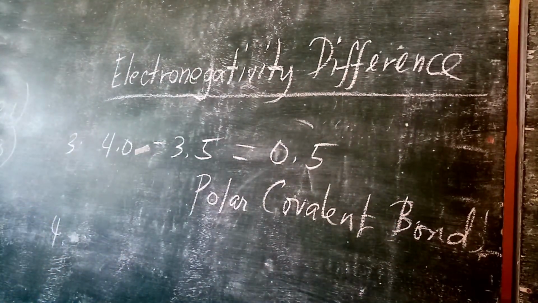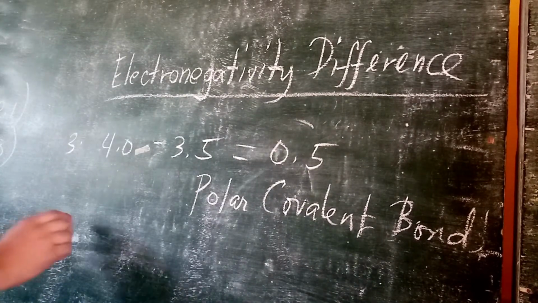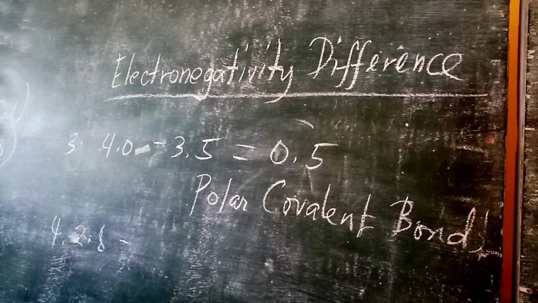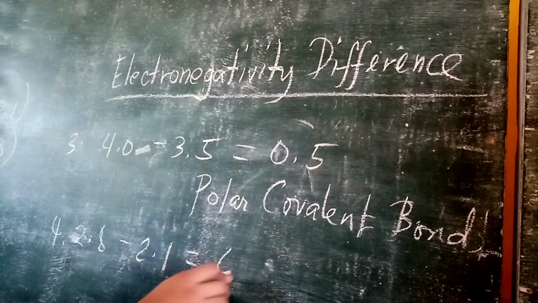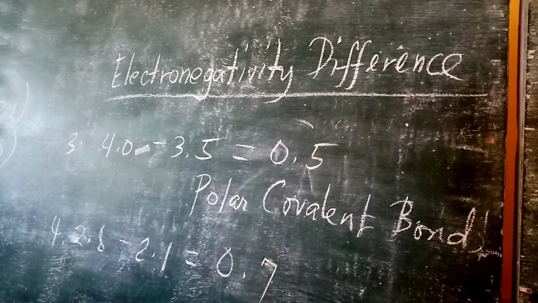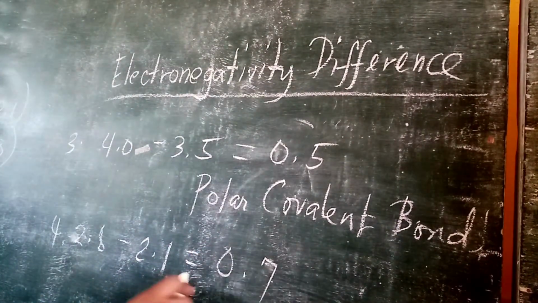Number 4, we have Br and H, bromine and hydrogen. Bromine has the greater value, 2.8 minus 2.1. So the answer is 0.7. So the type of bond is a polar covalent bond.